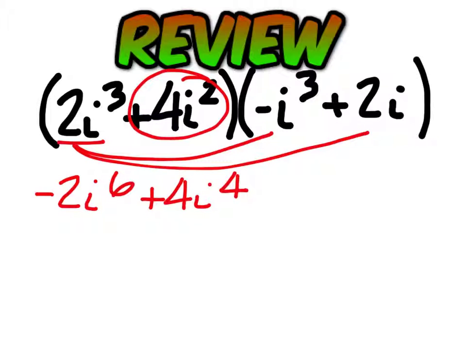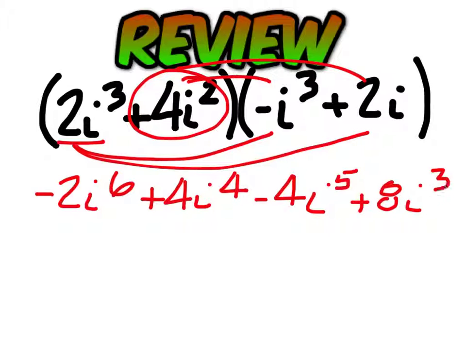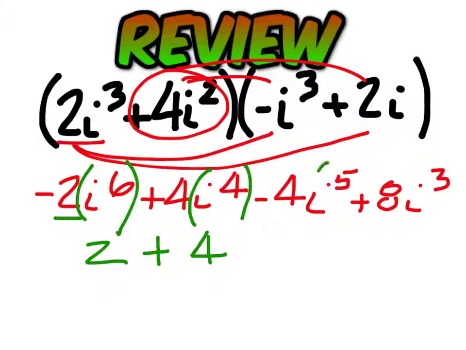Now go here and multiply by each of those and get negative 4i to the 5th plus 8i to the 3rd. i to the 6th is a negative 1 times that negative 2 is a positive 2. i to the 4th is 1, so we're just left with 4. i to the 5th is i, so it's minus 4i.